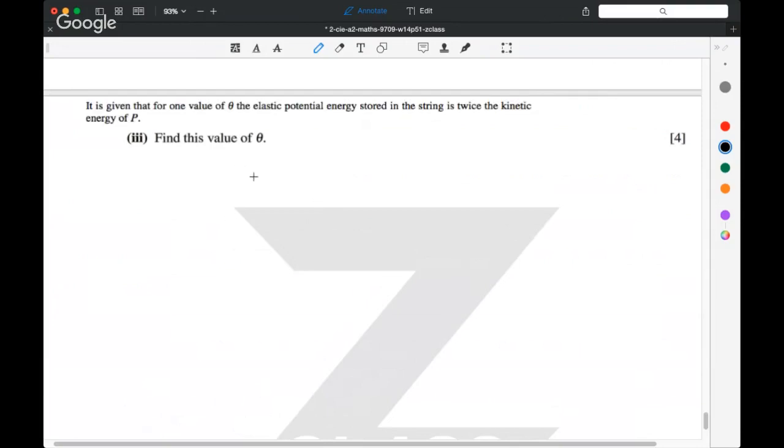So what is the elastic potential energy? Well, we saw this before. That's just lambda over 2L x squared. And we have everything here, right? And the kinetic energy is equal to 1/2 m v squared.